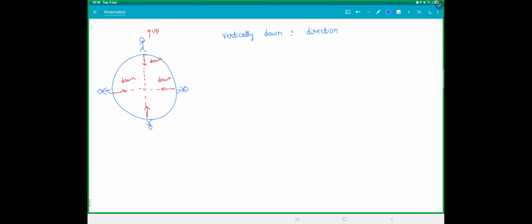But for now, this much is sufficient. Direction of net force. So in our chapter, we take toward the center of the earth as down, and away from the center of earth as up. So there are a few assumptions we take while solving this.